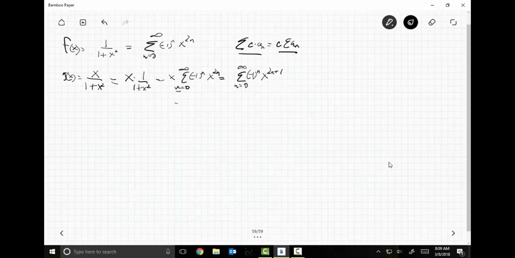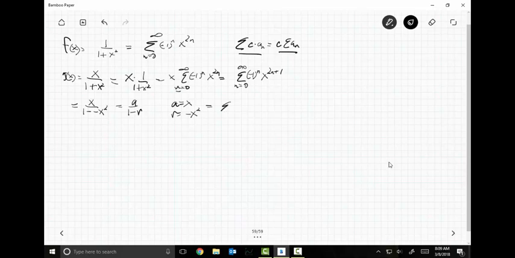Now, let's check something. Let's make sure I'm not lying. Remember also that this could be written as x over 1 minus negative x squared, right? Now, this is in the geometric setup, as it were. Look at it. It's beautiful. Sitting there just like it should. Remember, if I think of this as a over 1 minus r, right? Then we know that a is equal to x and r is equal to negative x squared.